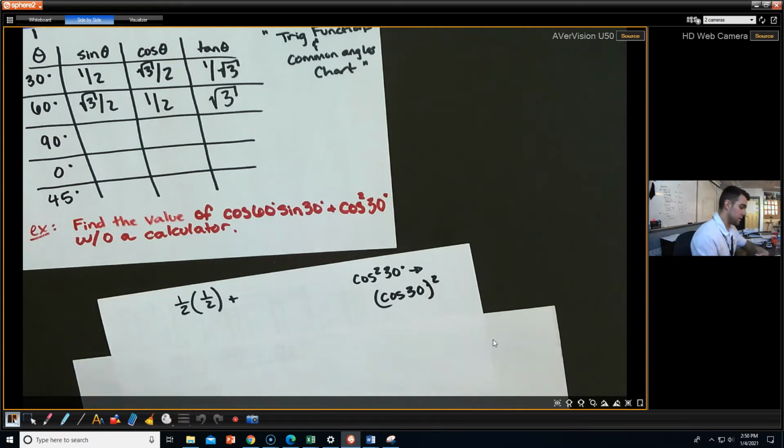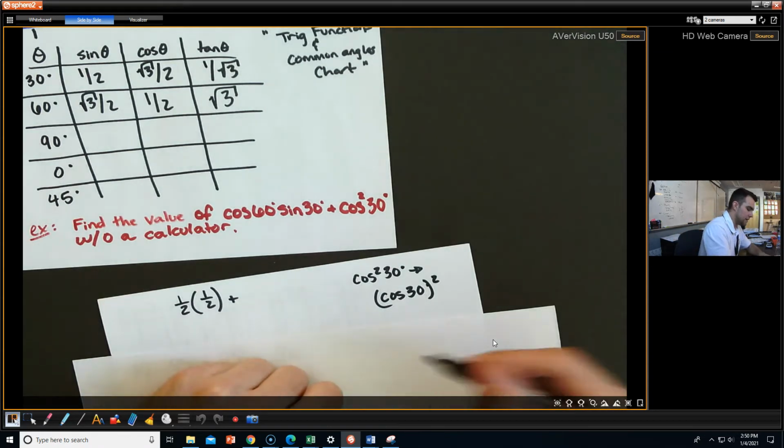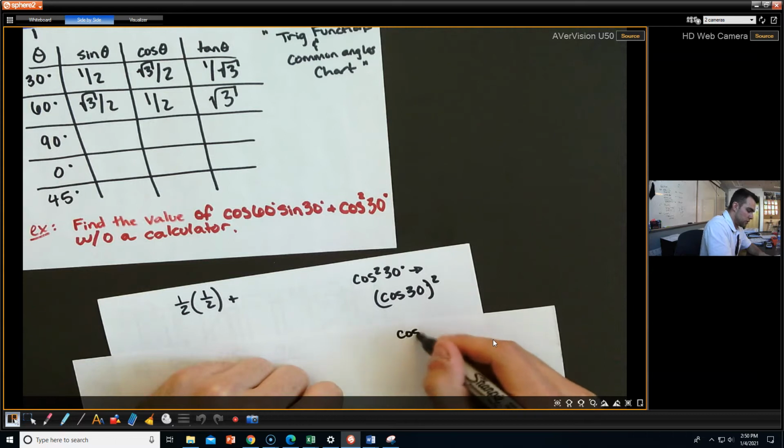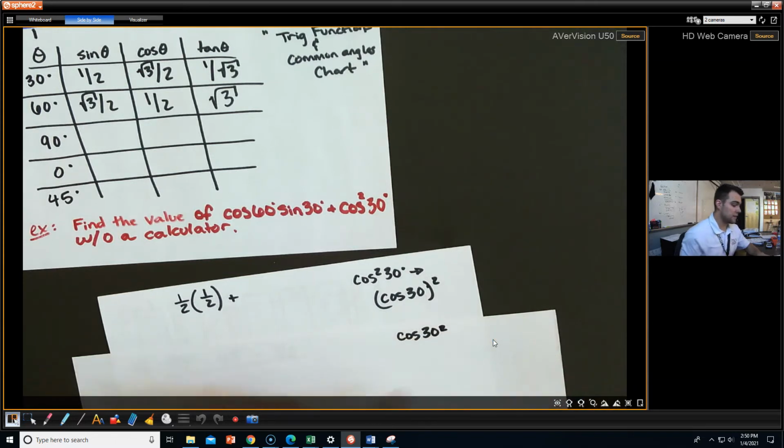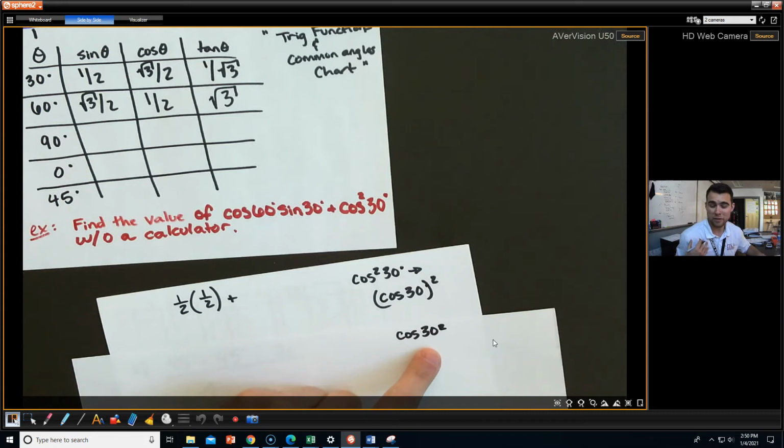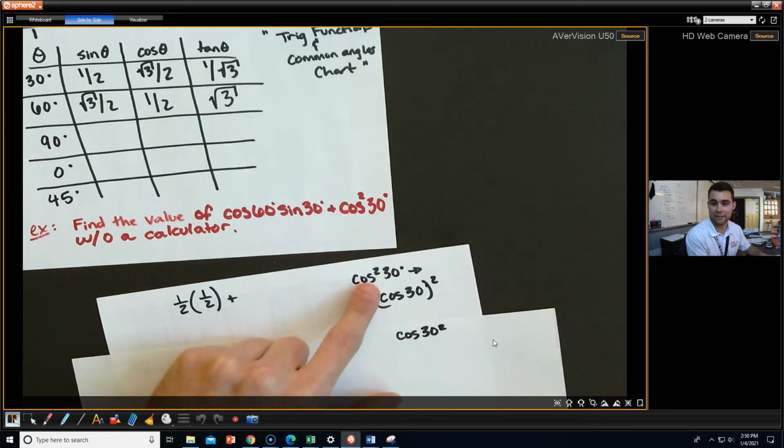Which is much different than if they wrote it like cosine of 30 degrees squared. If they write it like that, you are doing 30 squared, you're doing cosine of 900. You're pretty much never going to see it written like that. But that's why they write it like this, so that you can differentiate between those two things. So just keep that in mind.